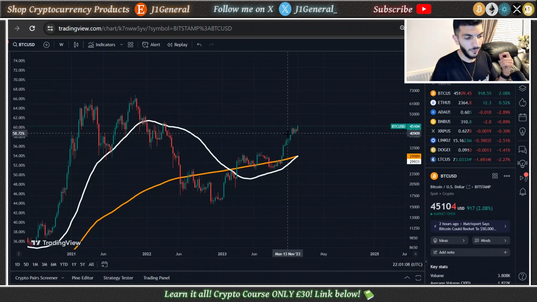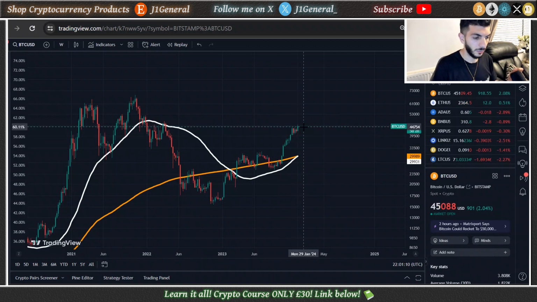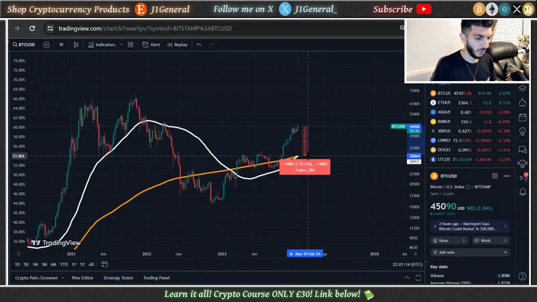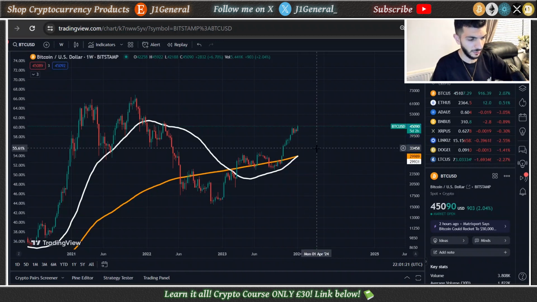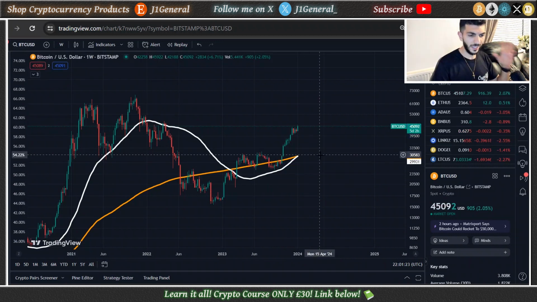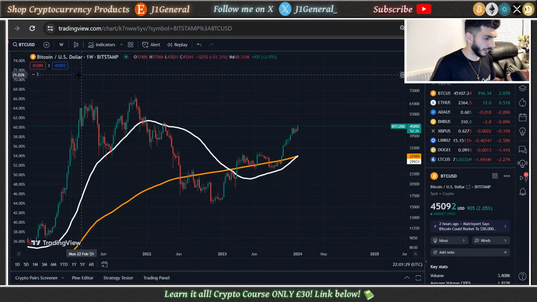So how far away are we from these moving averages? Right now, we are currently around 33% away from these averages. So we're quite overextended, guys, and we're going to look at some other indicators that might suggest we are also overextended, such as the RSI. We will go ahead and look at that just now.